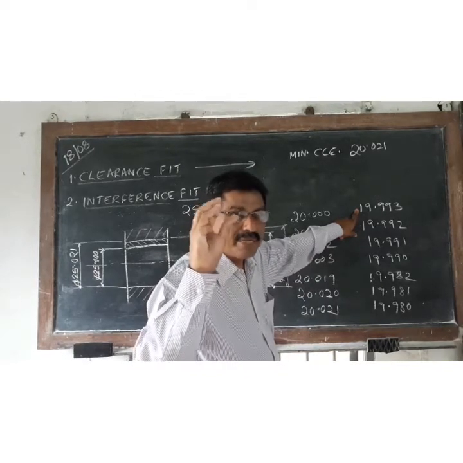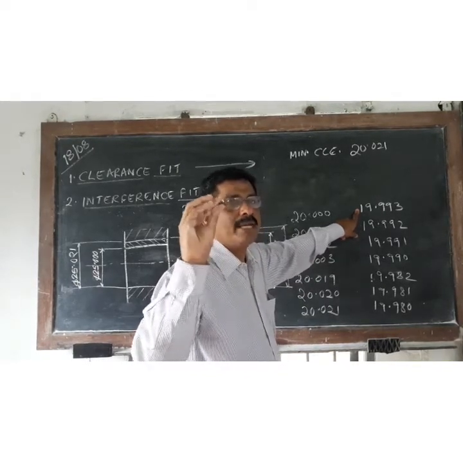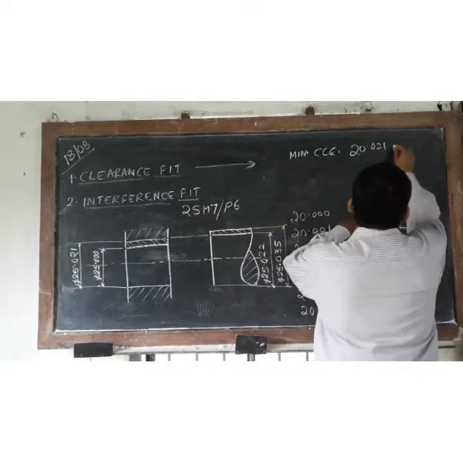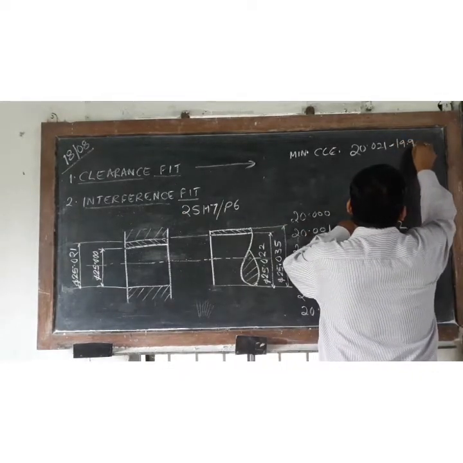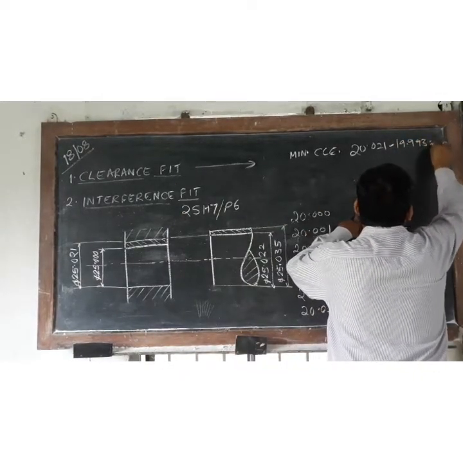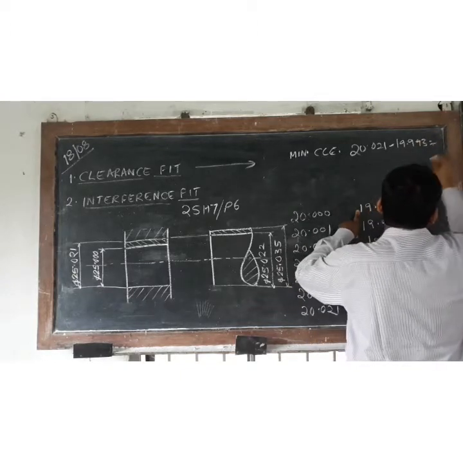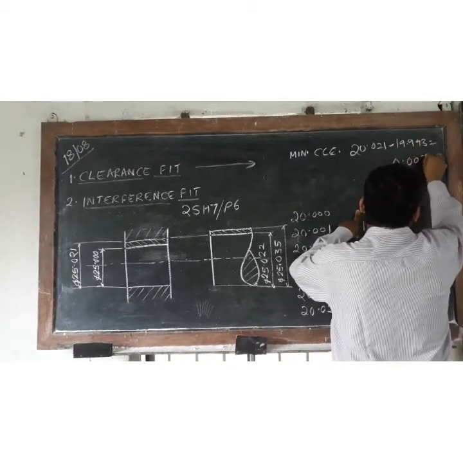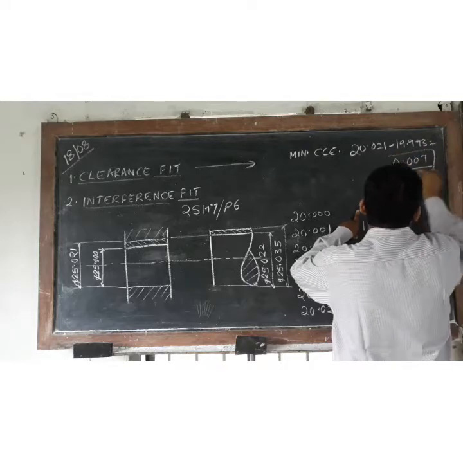At that time you will get the minimum clearance. So it becomes 20 minus 19.993, which is equal to 0.007 mm. This is the minimum clearance.